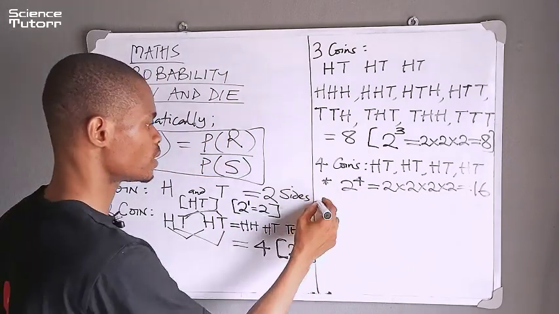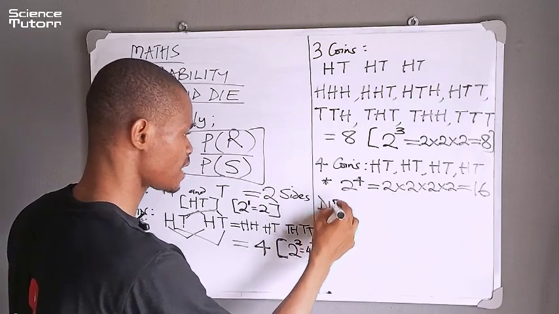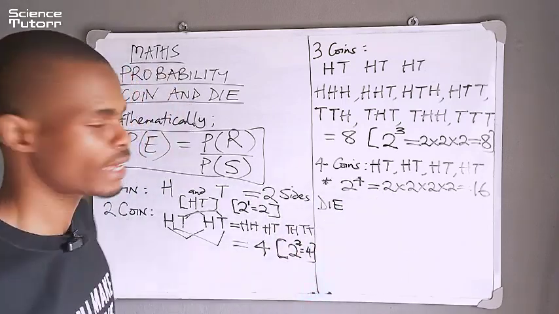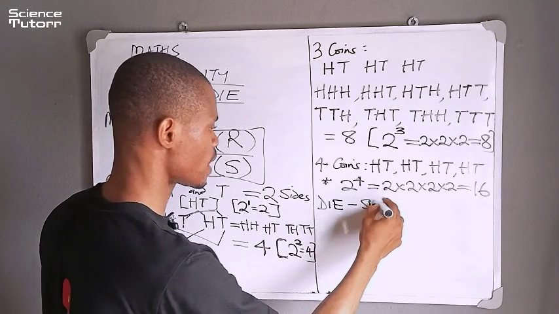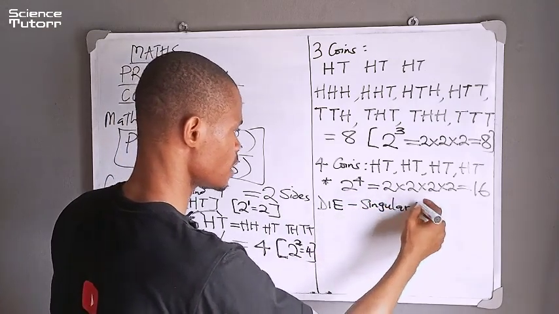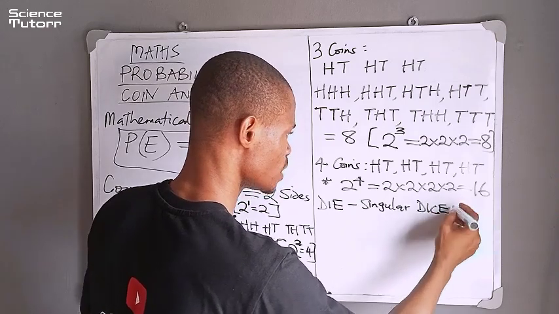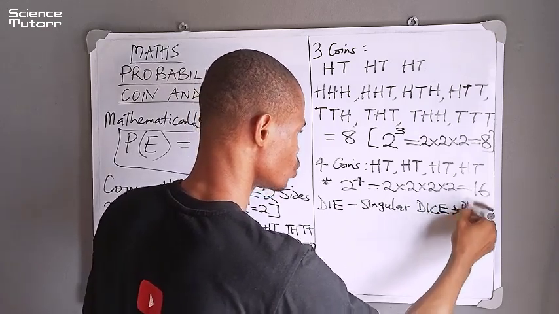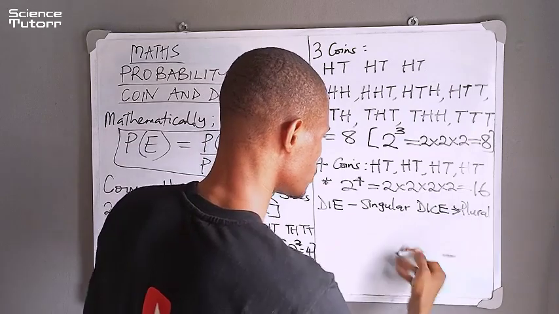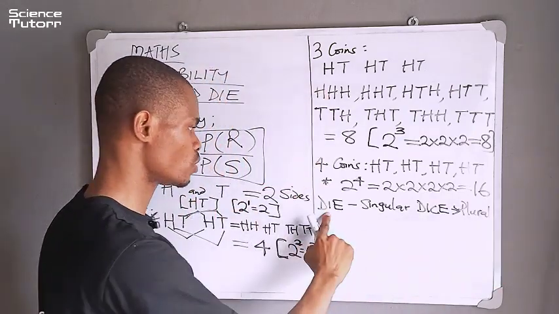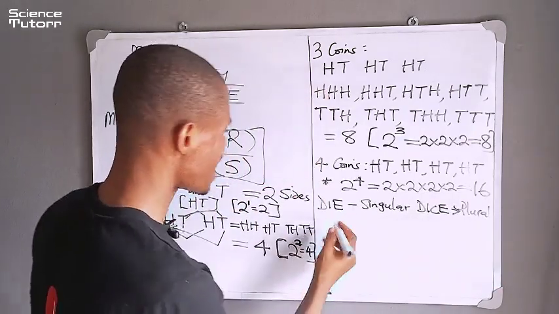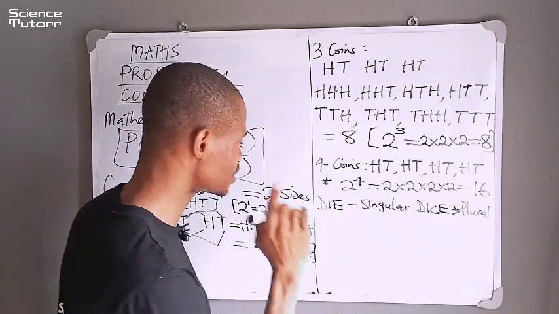Now coming to a die, singular die, then plural, we call it dice. So when it is two or more, we call it dice. When it's just one, we call it a die. A die has 6 faces.